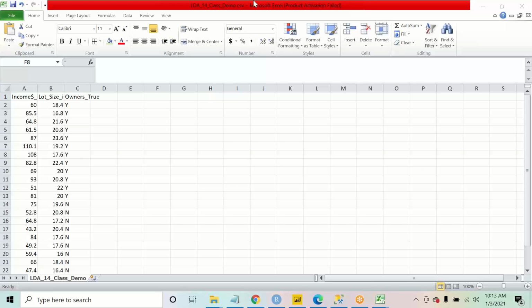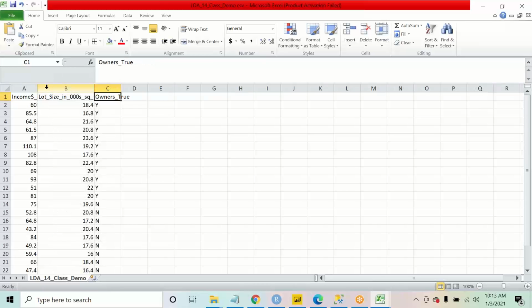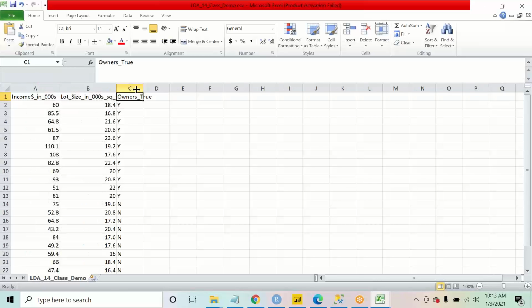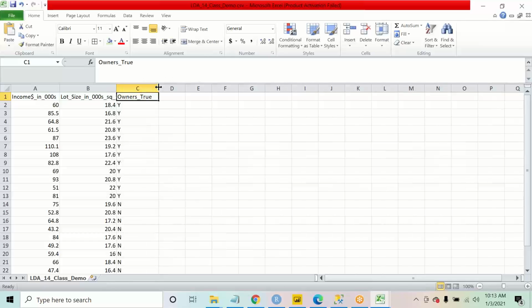Okay, so this is the data that you will find over there. In this data, you have income and the lot size, and we have to predict whether a person is an owner or not. You have to predict yes or no. So we already have this data with us.